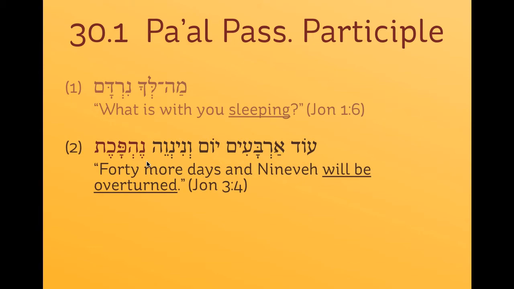I say will be overturned because a participle is concurrent with the context, which here is future, set by 40 days from now, Nineveh will be. And then as a nif'al participle, it's an in-progress action, meaning if Jonah could transport his listeners 40 days into the future, he's saying that at that time, you will see Nineveh in the process of being overturned.